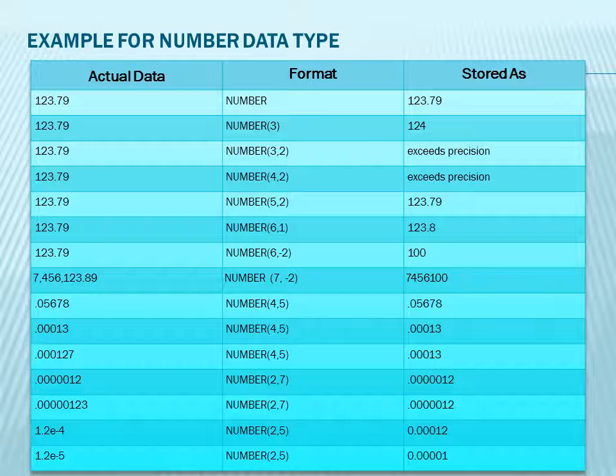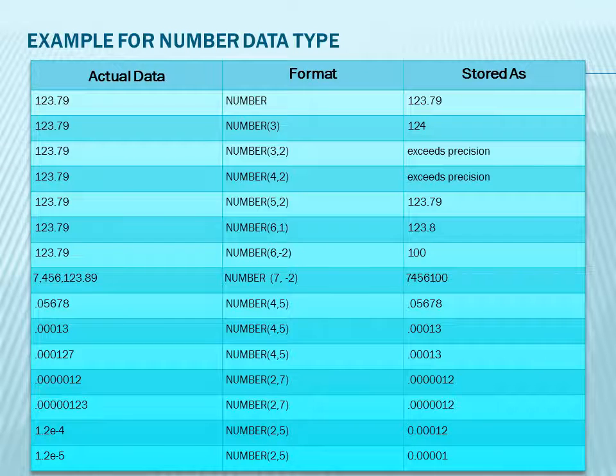The precision must be the total number of digits. The total number of digits is 5, but we are trying to give 3. Instead of 5, we are giving 3, so it will not store the data, it will show the error. Next is also the same. If we use number of 5, 2, the data will be stored as it is.